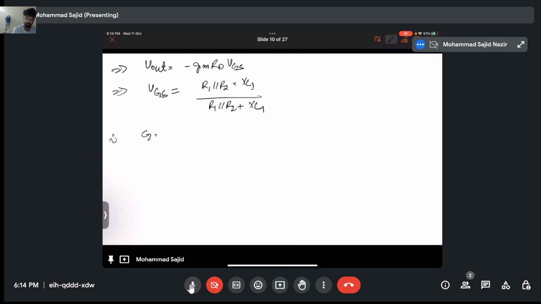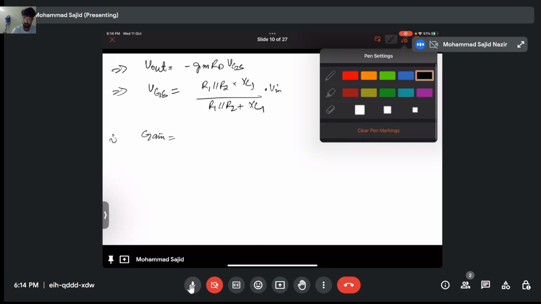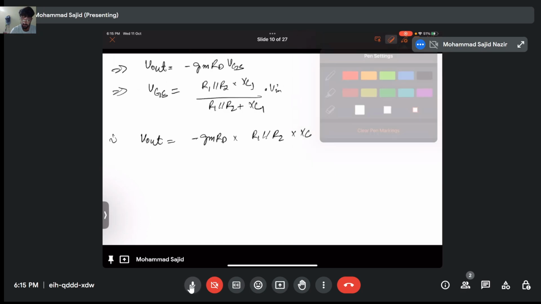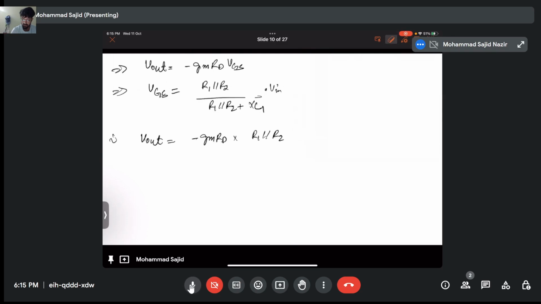Therefore, gain, and this is multiplied. So therefore, V out will be minus gm RD multiplied by R1 parallel R2 multiplied by XC. Sorry, I made a mistake here. This is actually a simple voltage divider: R1 parallel R2 divided by R1 parallel R2 plus XC1 multiplied by Vin.